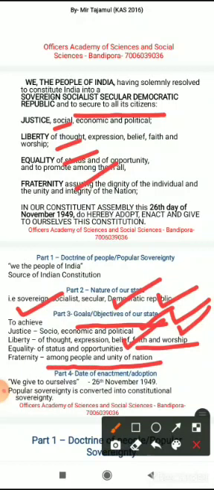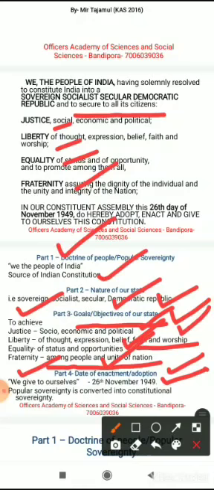And the last part is the date of enactment. Date of enactment is 26th November 1949. On this day, our constitution has been enacted by our Constituent Assembly. So now we'll be talking about all the four components: part 1, part 2, part 3, and part 4.